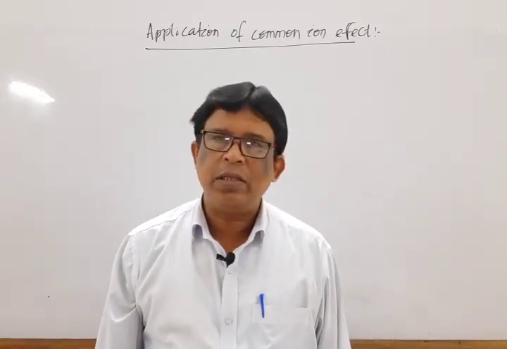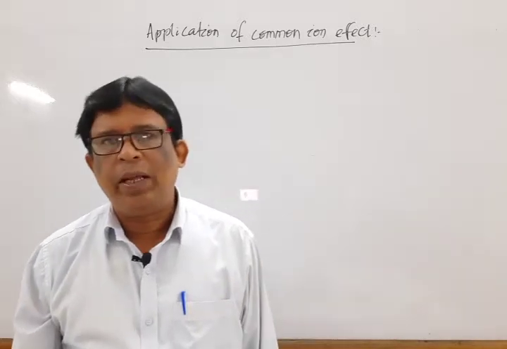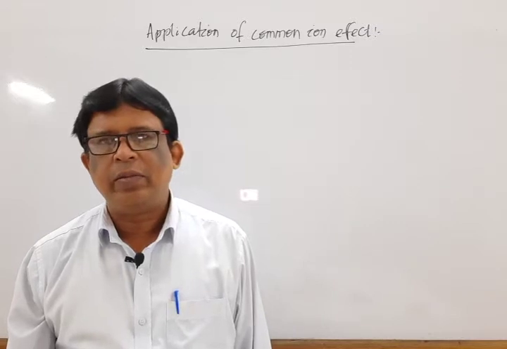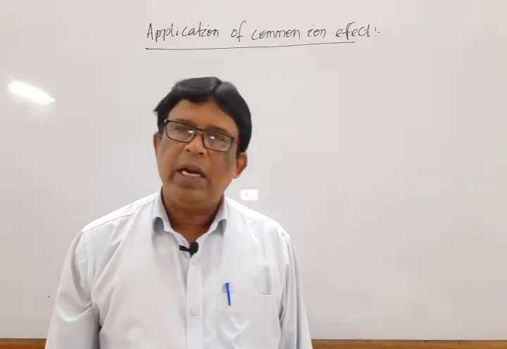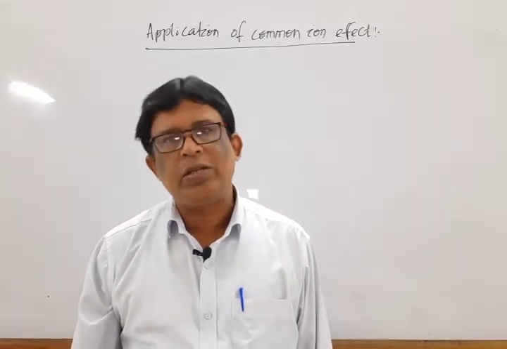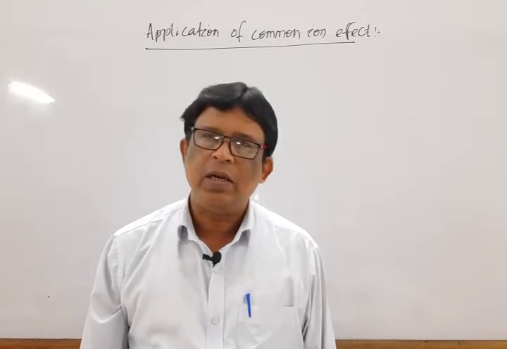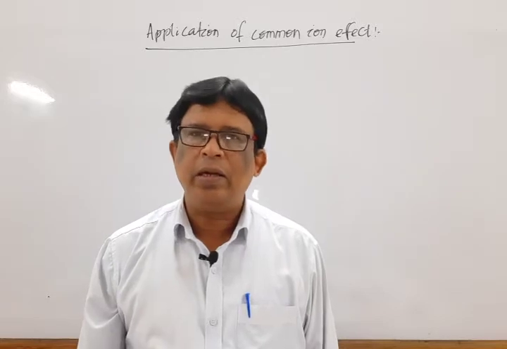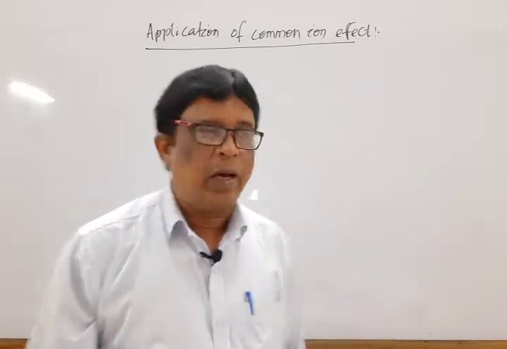In the previous class, we already covered two to three applications. One is to check the precipitation, and point 2, to find the relationship between solubility and solubility product. Beside this, today I cover three important applications.